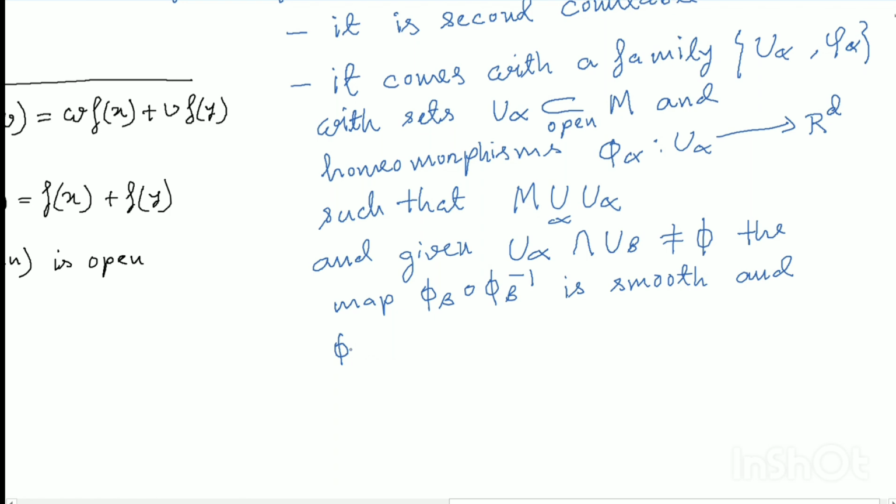Given that U alpha intersection U beta is not empty, the map psi beta composed with psi alpha inverse is smooth, and psi alpha is a coordinate function.